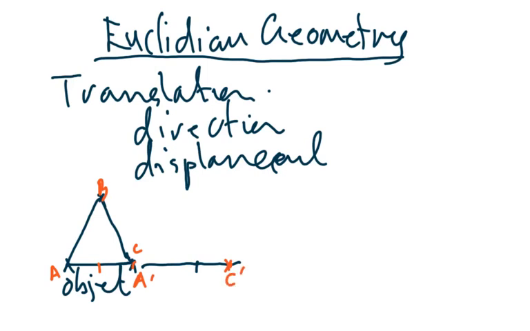And point B, it's got to be 2 units, will move to about there, B prime. If that was our T, this becomes our T prime. It's a displacement in the right direction, 2 units. So that is a translation.